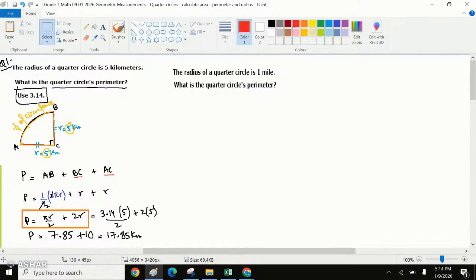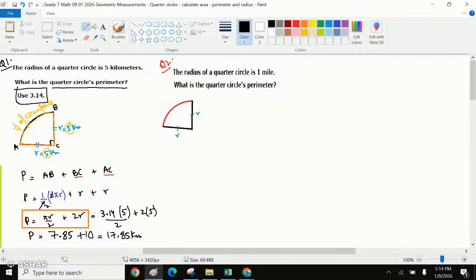In question number 2, best is to draw a quarter circle first and do the labelings. If we draw a quarter circle, we remove the additional 3/4 from the circle. We are left with 1/4. This is the radius and this is the radius, so we have radius, radius, and the part of the circumference.